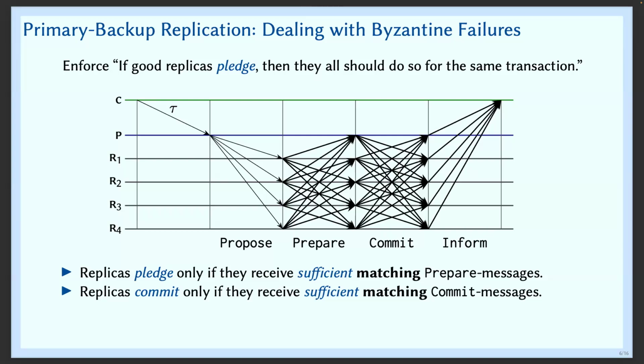So that means it wouldn't have been possible to form a commit core because 2F plus 1 good replicas said nothing happened. And these guys, even if all of them had said something happened, there's only F of them. So that means nobody could have possibly reached a committed state. So that is sufficient. If he sees this, it is sufficient for him to let go of that lock because he knows it would be impossible for anybody to have reached a committed state.